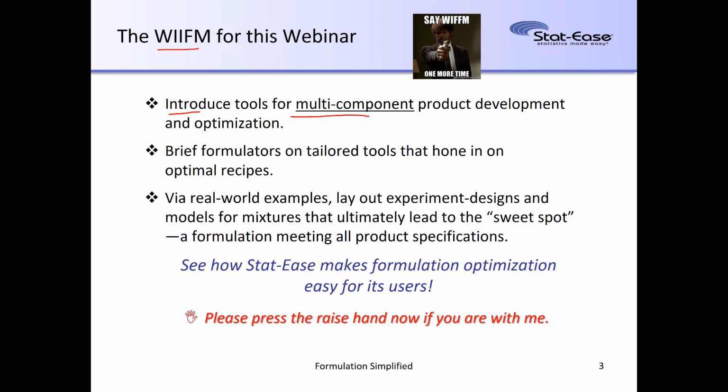And then we'll get really into the tailored tools that can hone in on the actual sweet spots for these recipes, and also thirdly provide several real-world examples that will give you some inspiration on taking hold of these tools. So let's see how Staddies makes formulation optimization easy for its users.